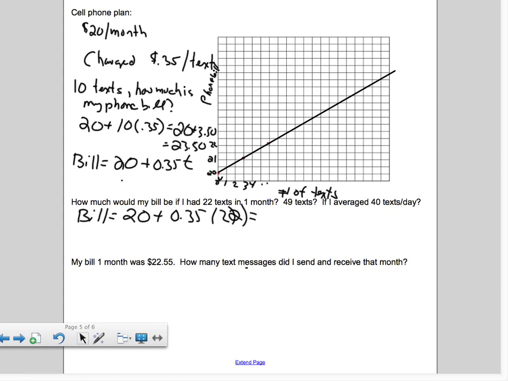How much is that? $27.70. How much for 49 texts? 20 plus 0.35 times 49. So I have 49 texts now. How much? $37.15. Holy smokes.